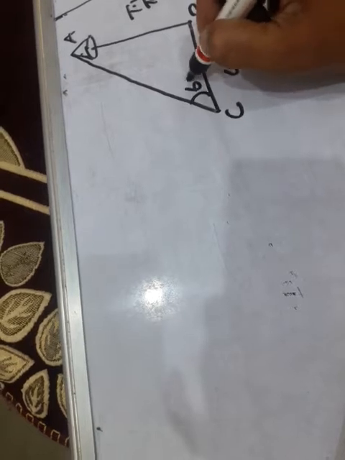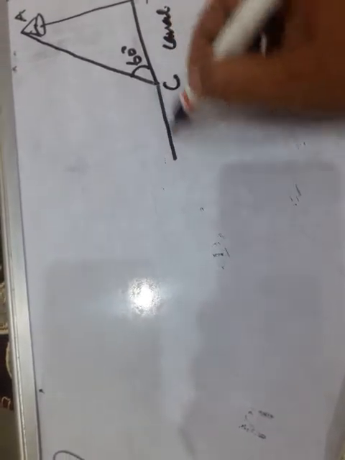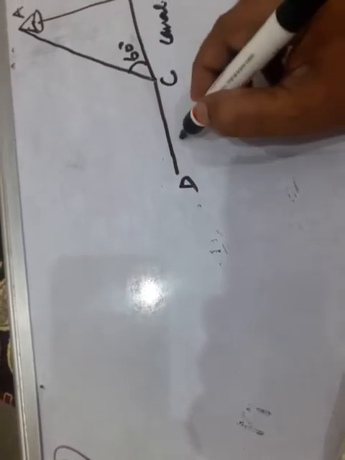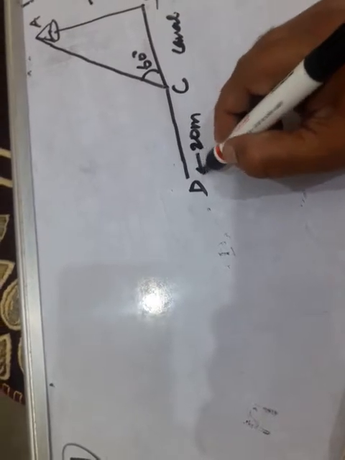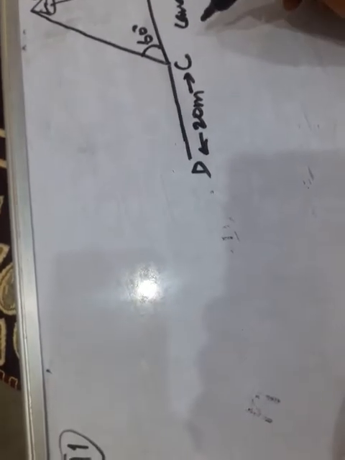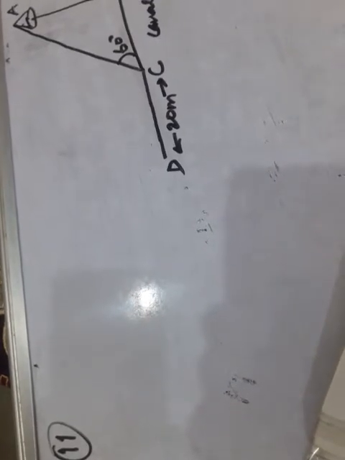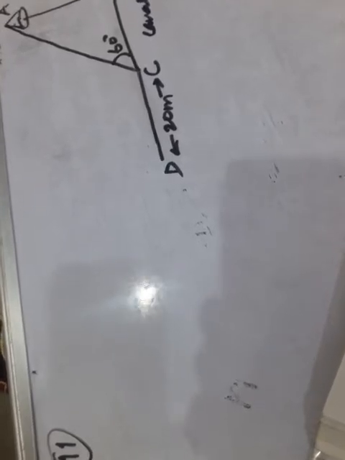From another point 20 meter away from this point, let it be D, on the line joining this point to the foot of the tower, the angle of elevation of the top of the tower is 30 degree.